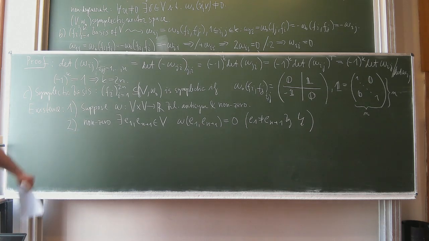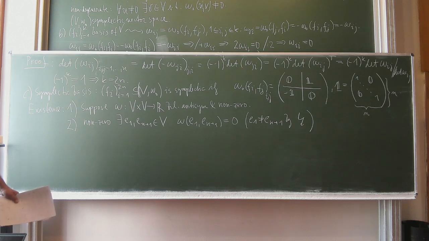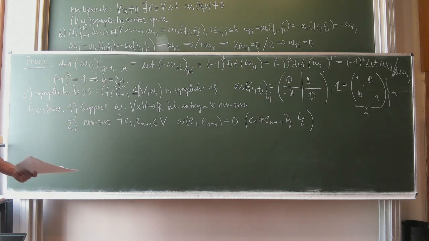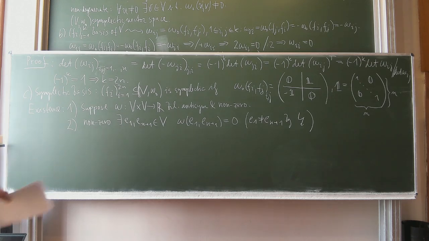Suppose there are not two, there is no vector, so omega is 0. Suppose there is only one vector E, but then omega(E,E) is 0 because omega is antisymmetric. Moreover, E_{n+1} and E1 are linearly independent.